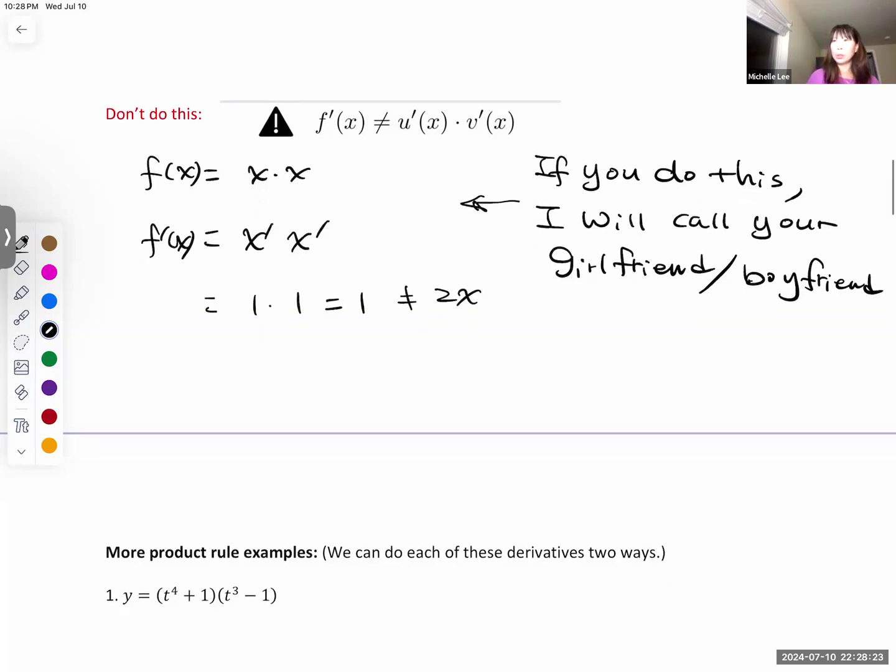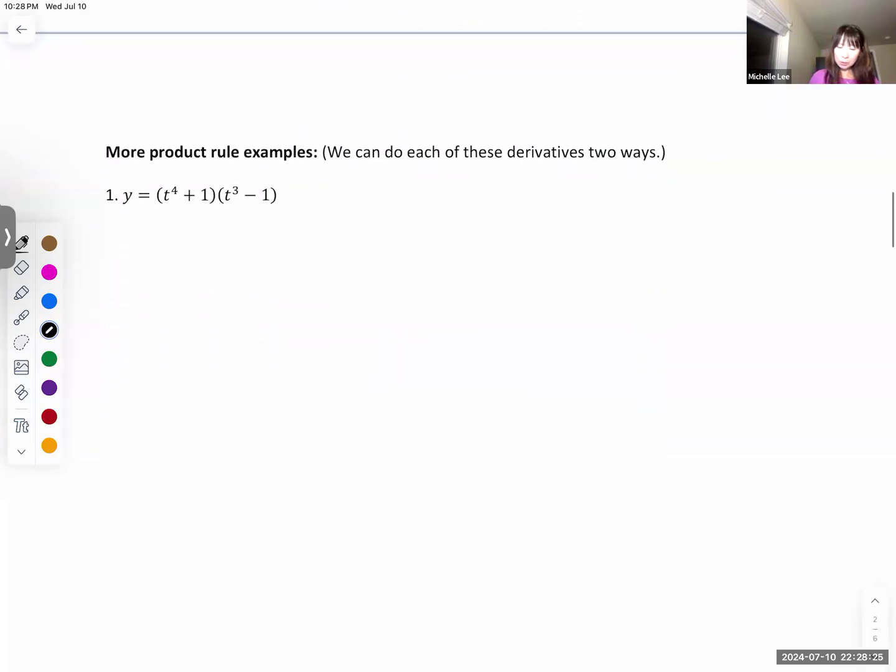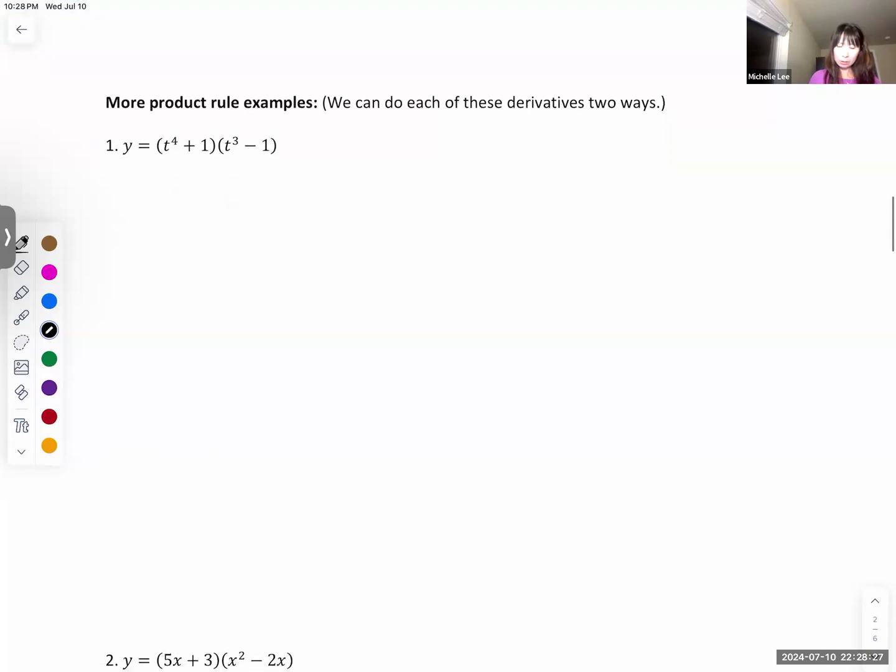All right. Let's do a product rule example. So let's do it. Okay, they say two ways. These two ways mean we need to simplify algebraically first, then take the derivative, right?